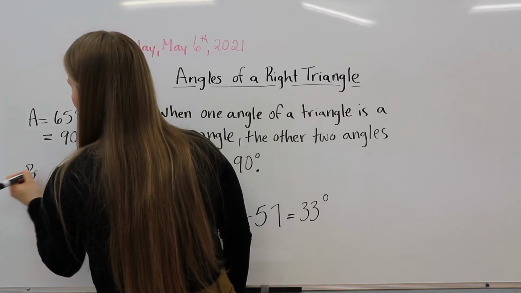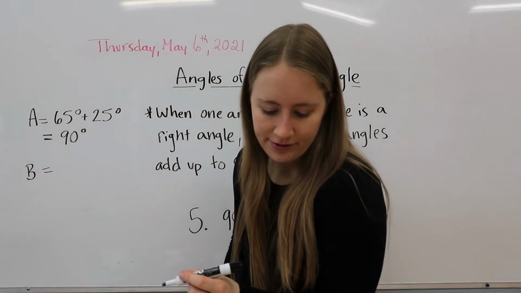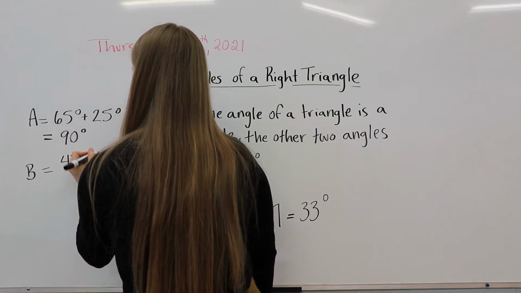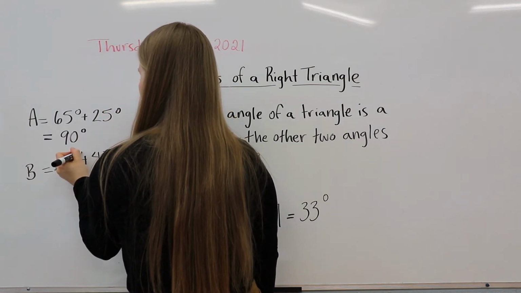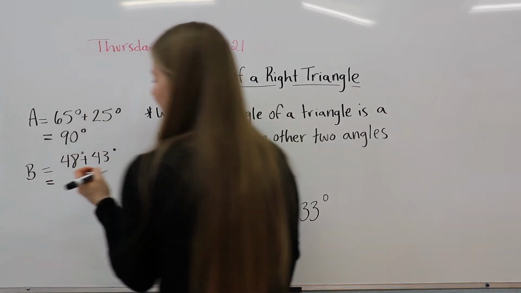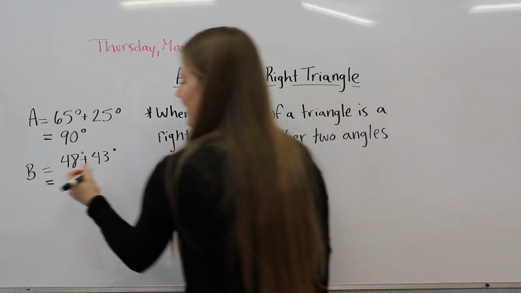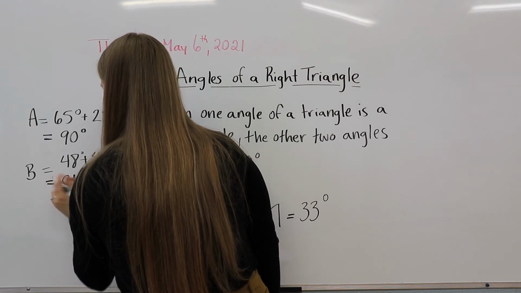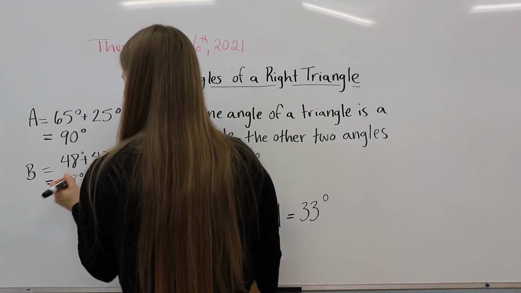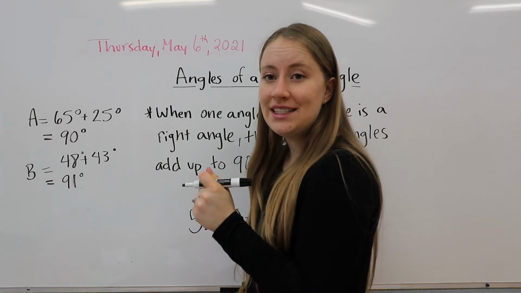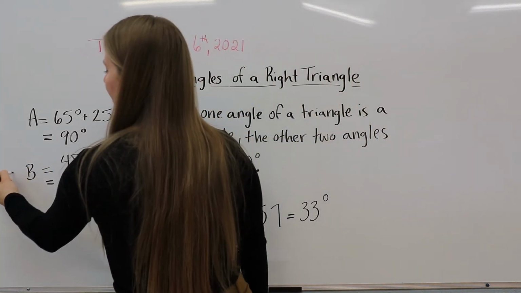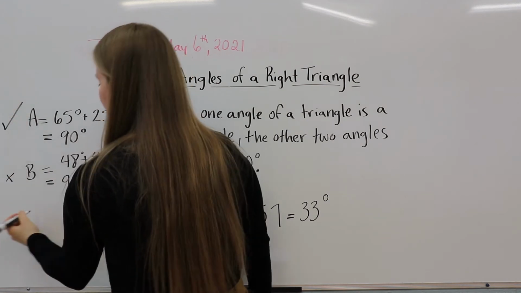Now let's look at B. B, we have 48 degrees plus 43 degrees. And that is going to give us 91 degrees. Oh, 91 degrees. So that means that B is not a right triangle. Okay? So not B, but A is.